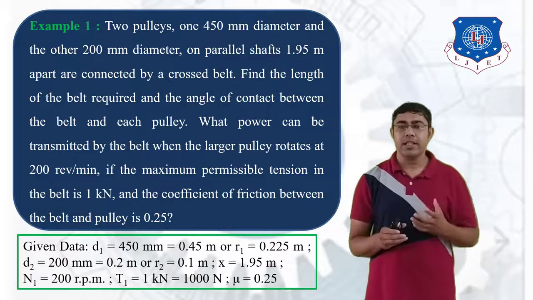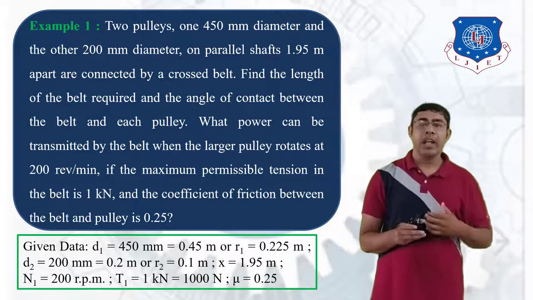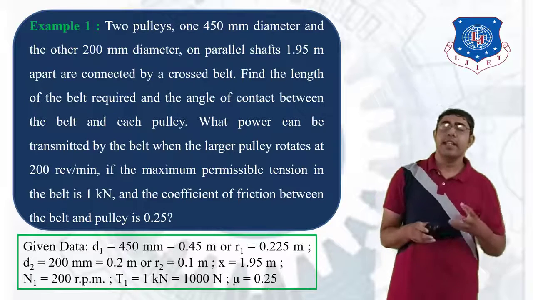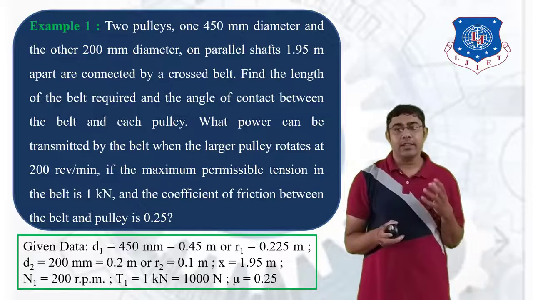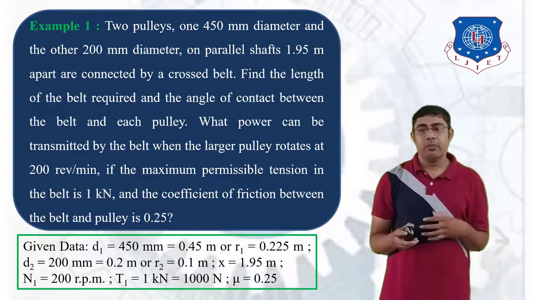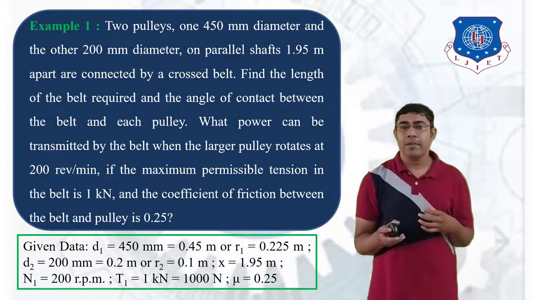Also T1 is equal to 1 kilonewton, that is 1000 newtons, and mu is 0.25. This is the data given, and we have to calculate the length of belt, the contact angle between belt and pulley, and also the power transmitted by the belt.